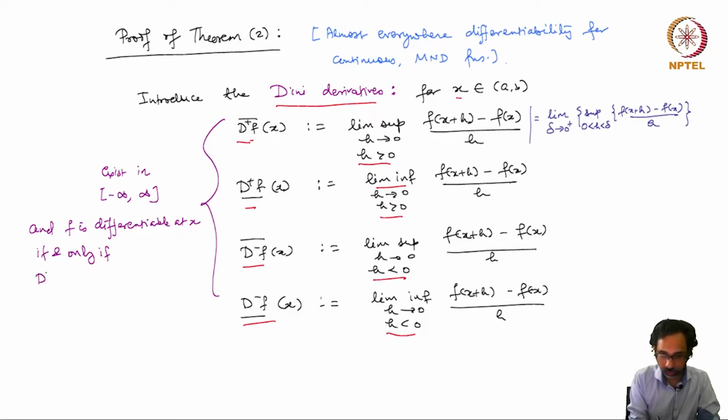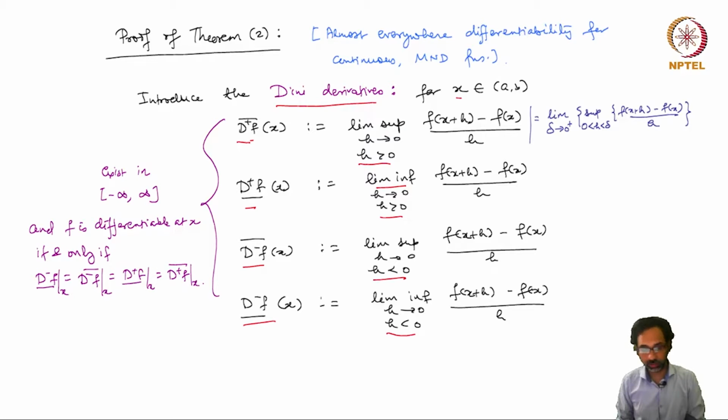So if and only if D^- f lower bar, D^- f upper bar, all of these at x, then D^+ f lower bar at x, and D^+ f upper bar at x, all of these coincide, then f is differentiable because the limits will exist.